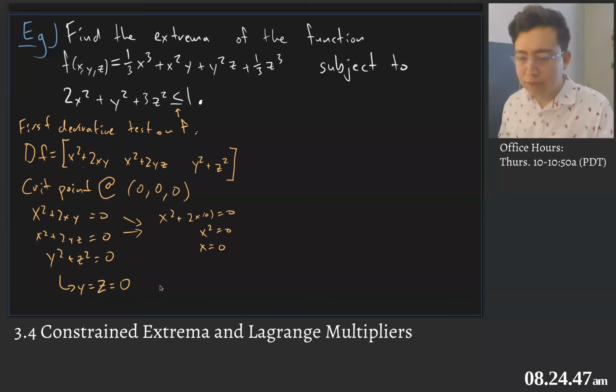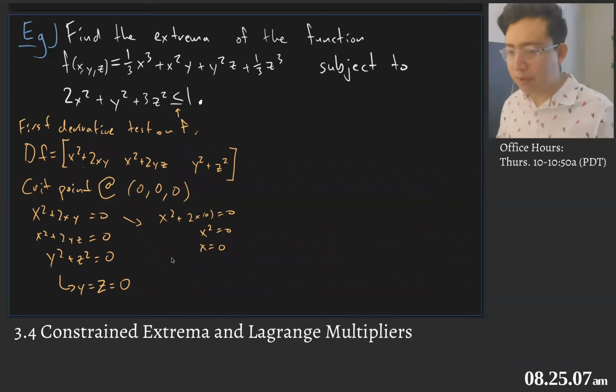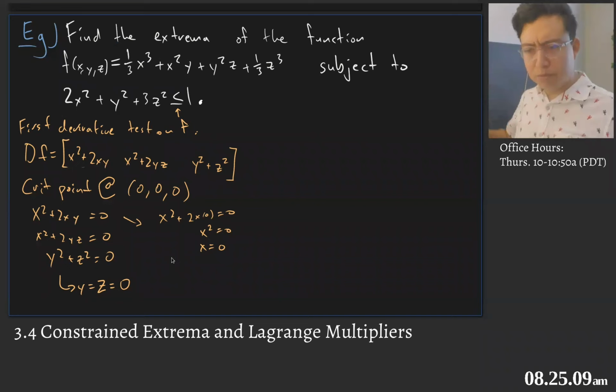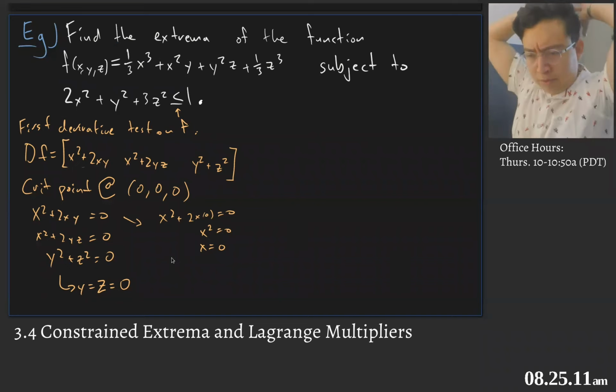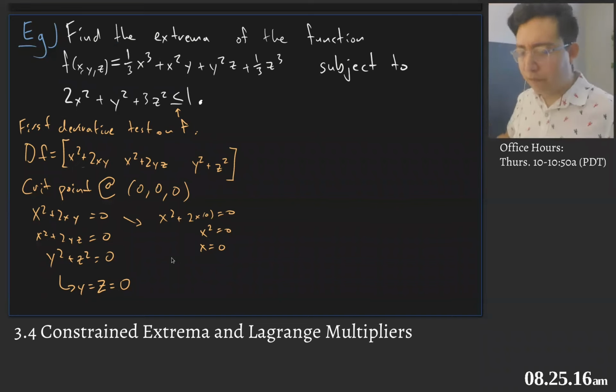I found it as a guess and check, but this verifies that this is the only critical point, because there are no other solutions. Okay, cool. Any questions on that?